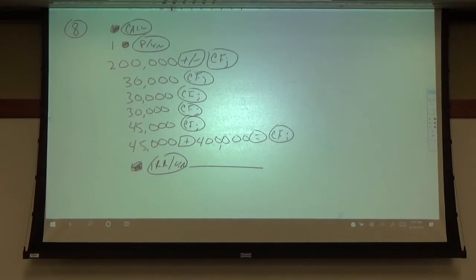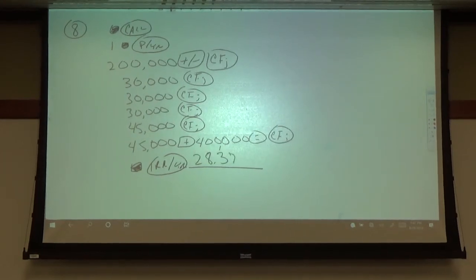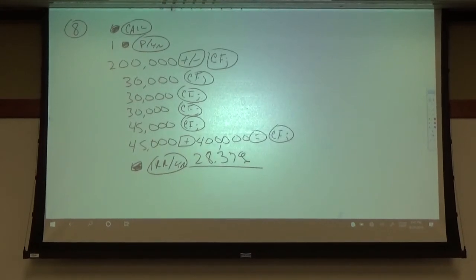All right, so let's see if we can do this one real quick. I get 28.37 rounded. And if you're still struggling to put that in, that's okay.